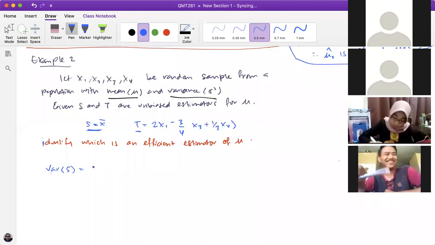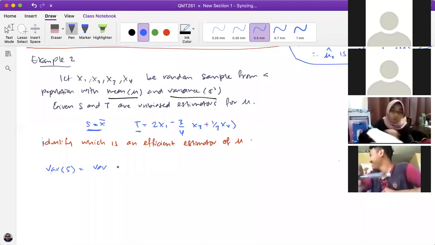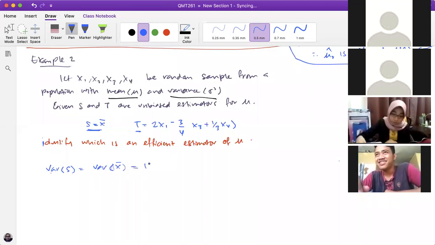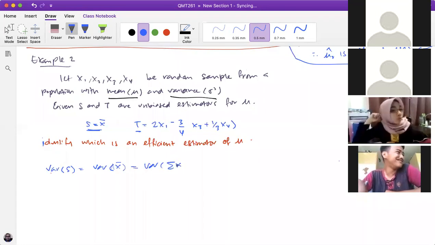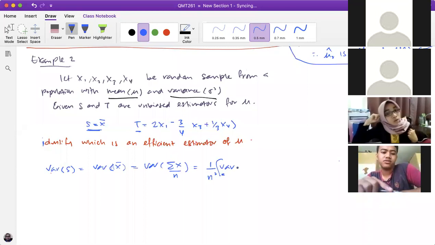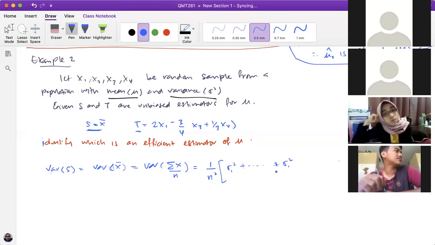So the variance for S is the variance of X bar, which is also equal to the variance of the summation of X divided by n. So this should be 1 over n squared times the variance, sigma squared plus until sigma squared, because this is sigma squared number 1 and this is sigma squared number 4.